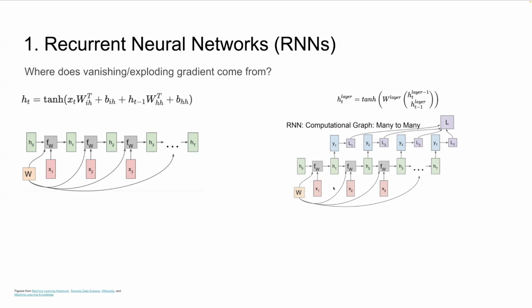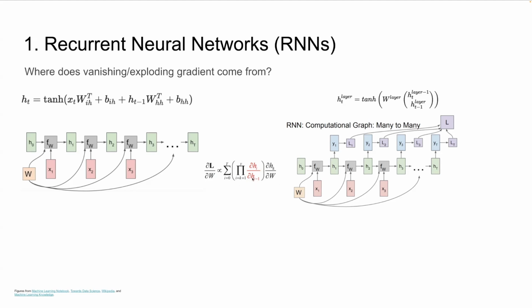And if you want to draw the computation graph, you will see that the W is actually involved many times. And then if you take the derivative, you'll find that if you go back long enough, because you're recycling the same W, this part in the middle here is either going to explode or go somewhere near zero.